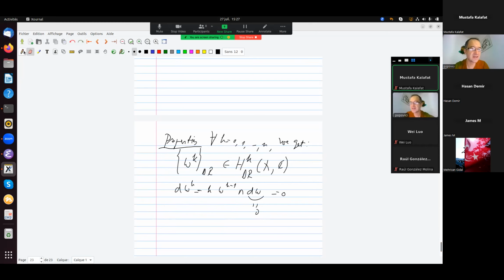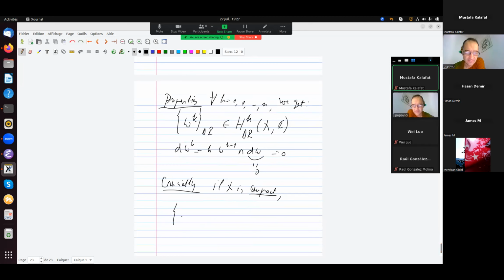So in other words, for a Kähler metric, if X is compact, these de Rham cohomology classes are non-zero. Omega to the power k, de Rham of this, is non-zero for every k, from 0, 1 up to the complex dimension n of the manifold.